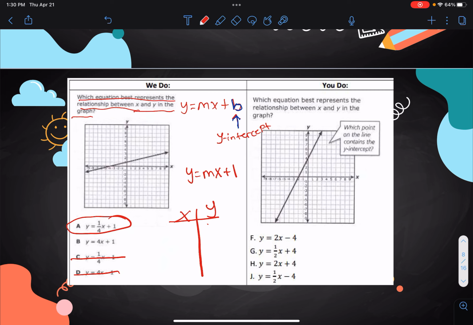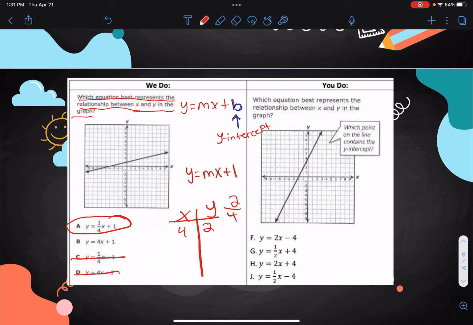Okay, so it should have been A. We had 2 and 4, which we said was, right? No, it was the other way around. Our x, sorry, I shouldn't erase that. We had 4 and 2, so it should have been 2 over 4.